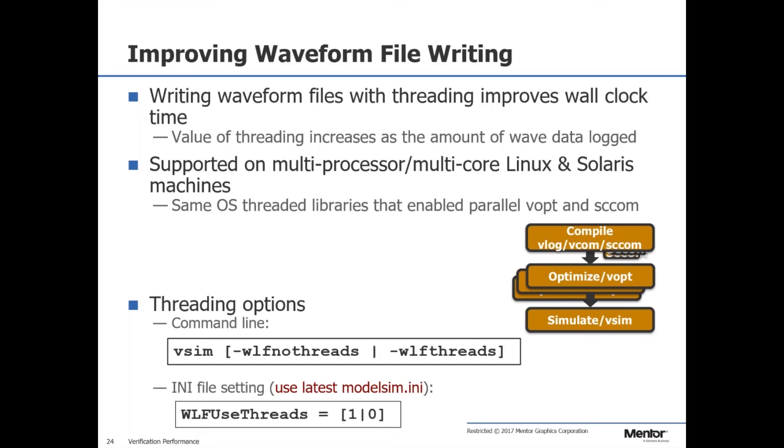It's one license per CPU core, and you get about 50% efficiency. So, in other words, if you use 4 simulation cores, it will run about twice as fast. If you use 8, it'll run about 4 times as fast.